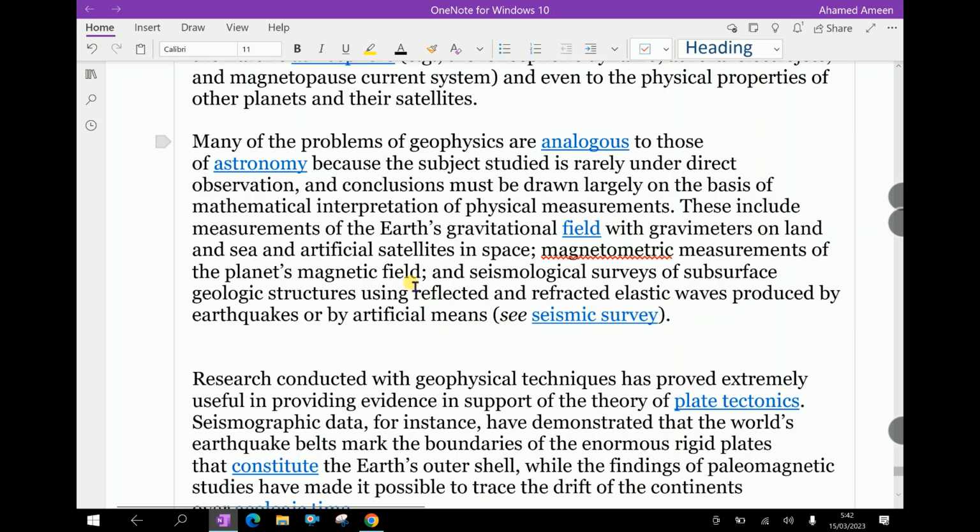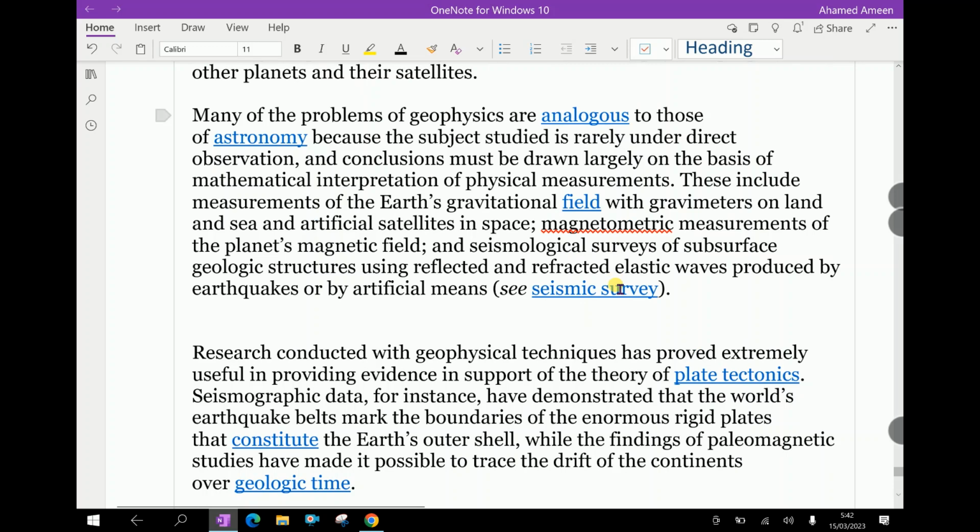This includes measurements of the Earth's gravitational field with gravimeters on land and sea and artificial satellites in space, magnetometric measurements of the planet's magnetic field, and seismological surveys of surface geologic structure using the reflected and refracted elastic waves produced by earthquakes or by artificial means.